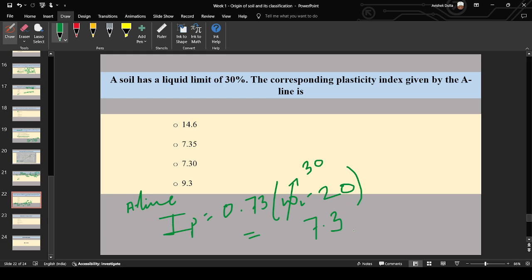Okay. So this is the correct answer, the third option, 7.3. As per the A line, the equation is plasticity index equal to 0.73 times liquid limit minus 20, and on solving the equation we get the value of plasticity index IP as 7.3. Okay.